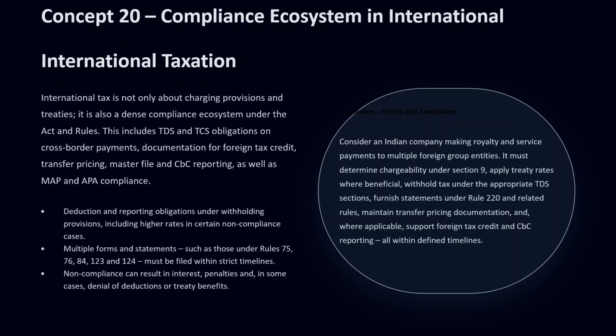It should also deduct tax at the correct rate and file the TDS statements in the prescribed forms. It has to maintain the transfer pricing documentation and treaty documentation, and also support any foreign tax credit claimed by overseas group entities. All of this must be synchronized with the due dates under Section 263 of the Act and the relevant rules.